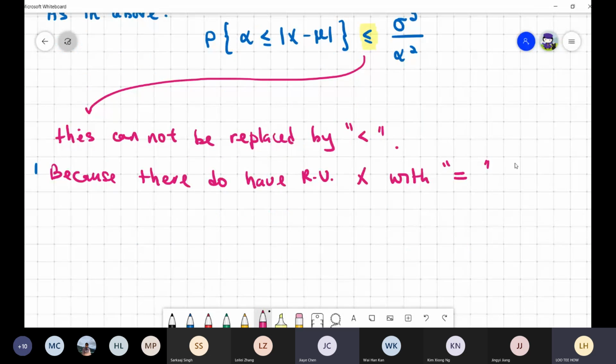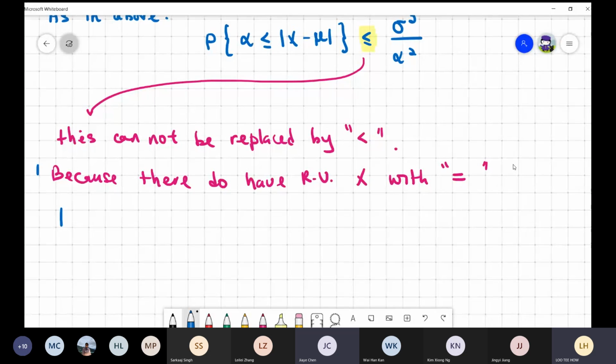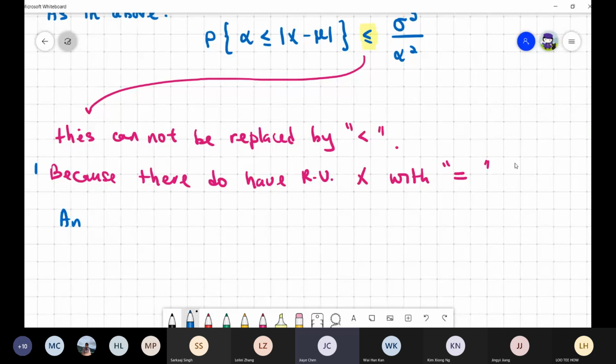So you can see an example in question 11. Okay, so in question 11, just to demonstrate, is an example to show you cannot replace this with a strictly less than. Because we can always construct a random variable x such that the equality holds here.